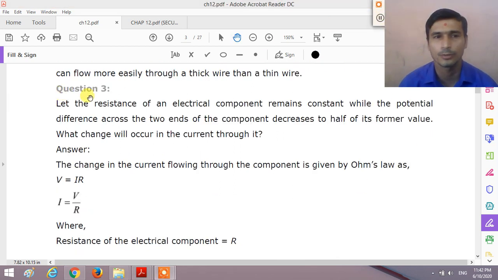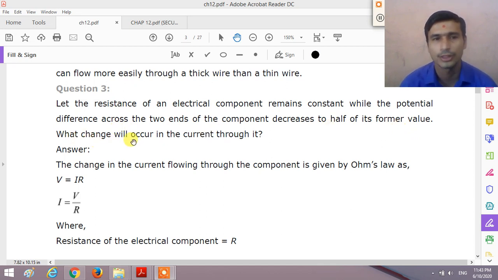Now dear students, question 3. Let the resistance of an electric component remain constant, that means it does not change, while the potential difference across the two ends of the component decreases to half of its former value.